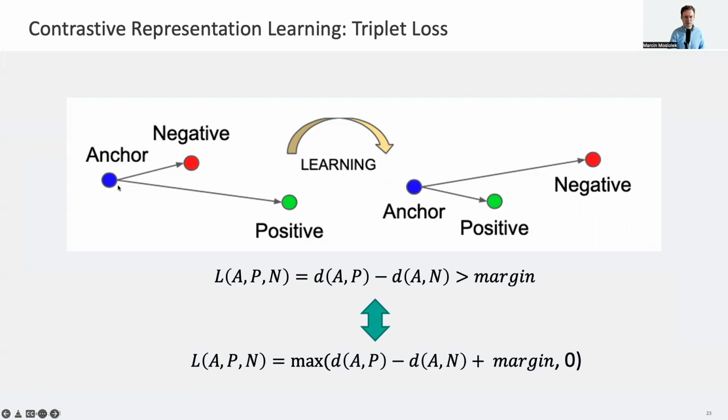Given an anchor example, we try to make the model learn an embedding space where the distance between the anchor and the positive example, that is an example of the same class as the anchor, is smaller than the distance between the anchor and the negative. And the negative is an example of a class different than the anchor. So more precisely, we try to make those distances diverge by at least some margin value.